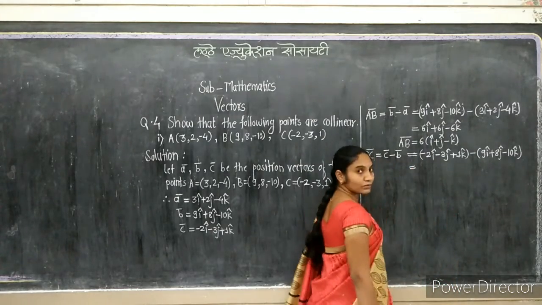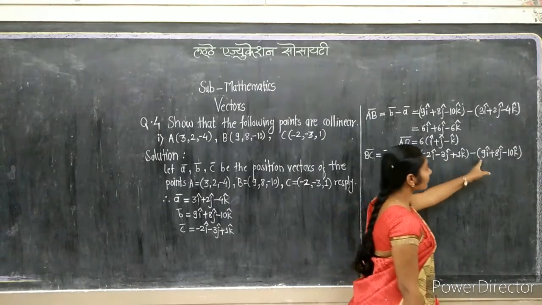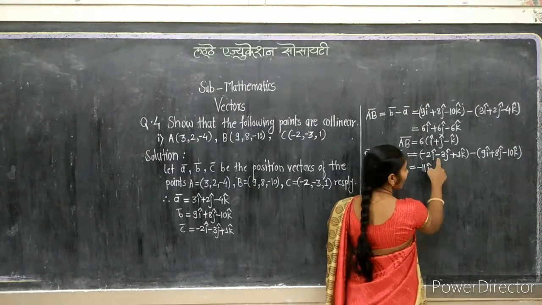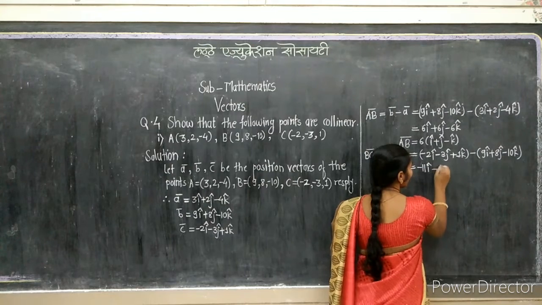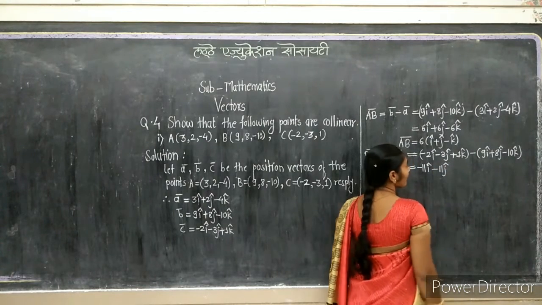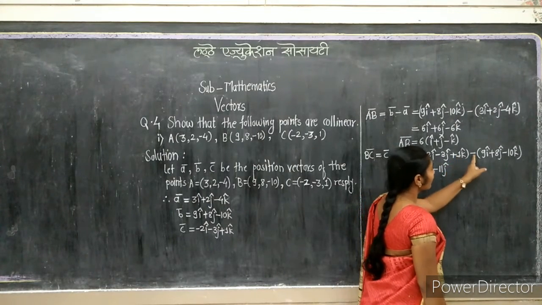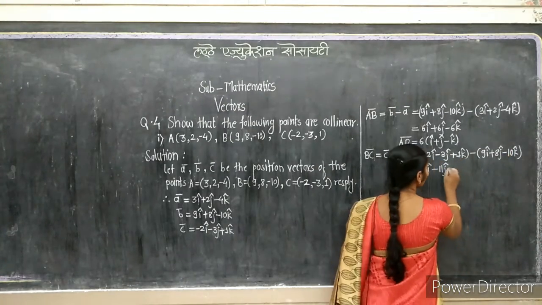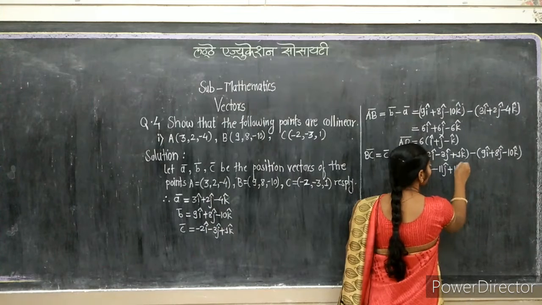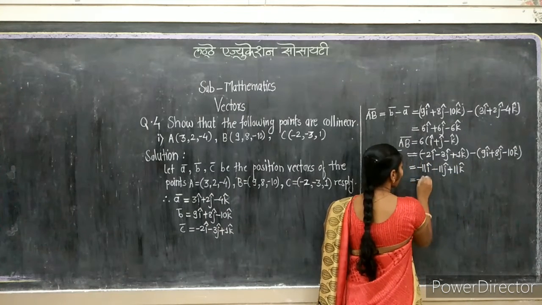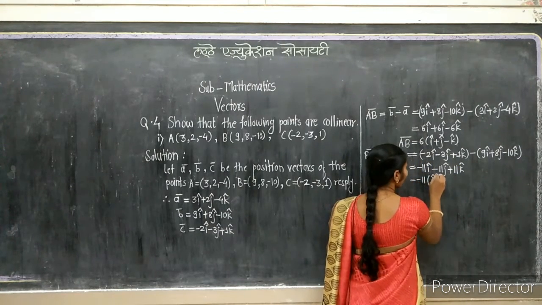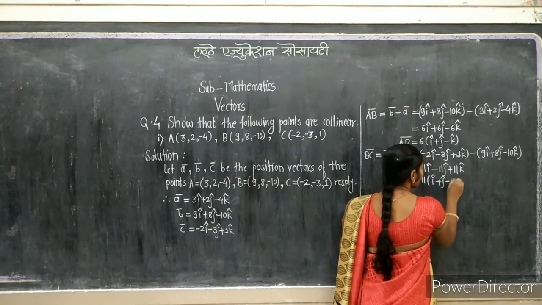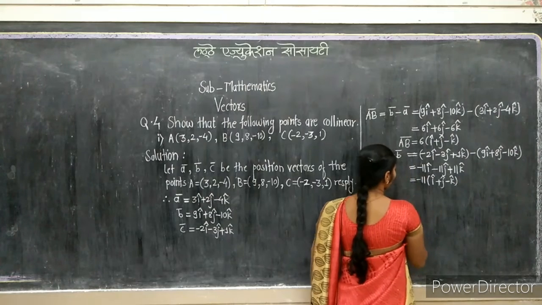Subtraction gives minus 2 minus 9 is minus 11i cap, minus 3 minus 8 is minus 11j cap, plus 1 plus 10 is plus 11k cap.